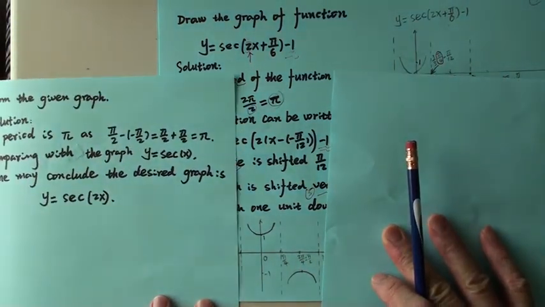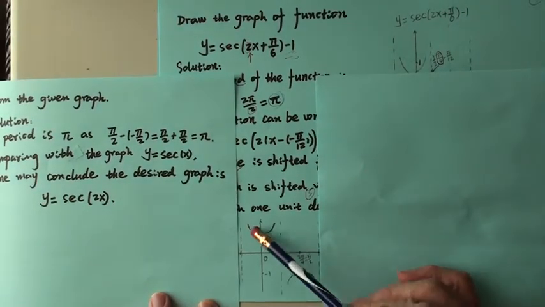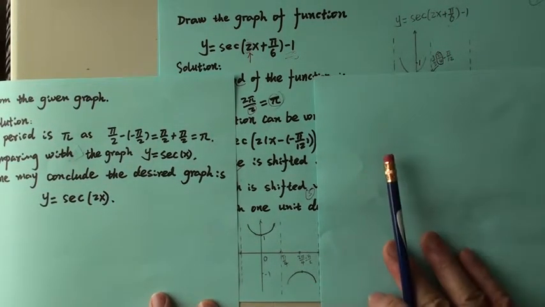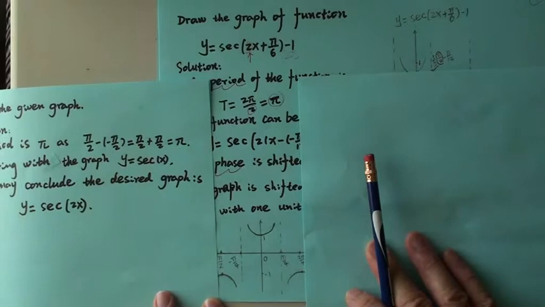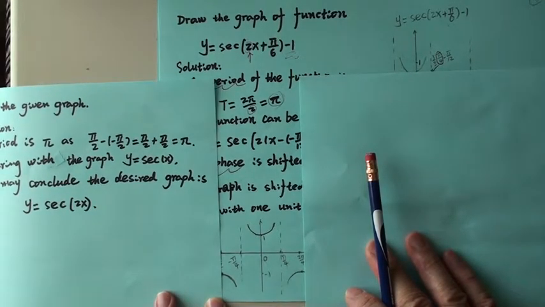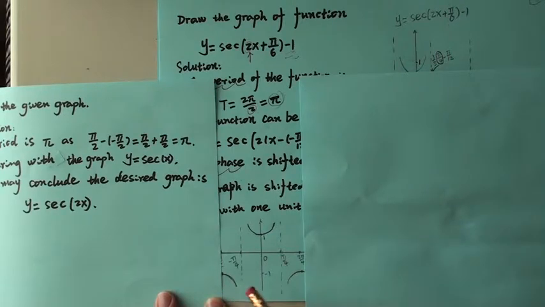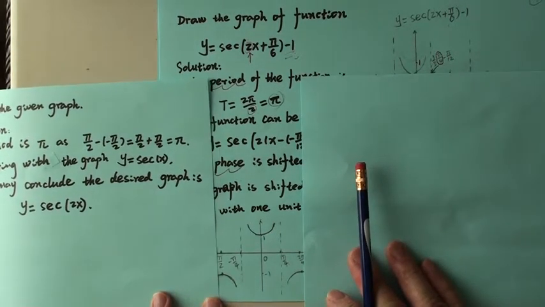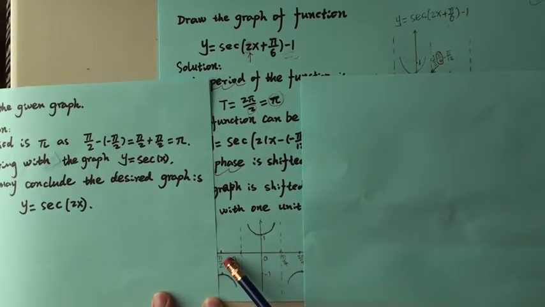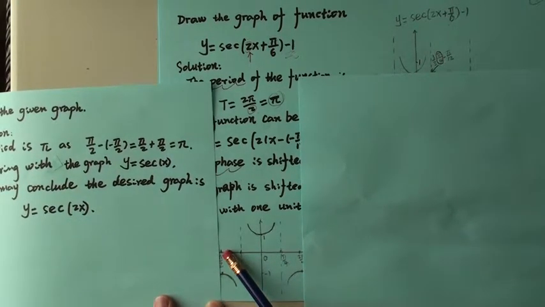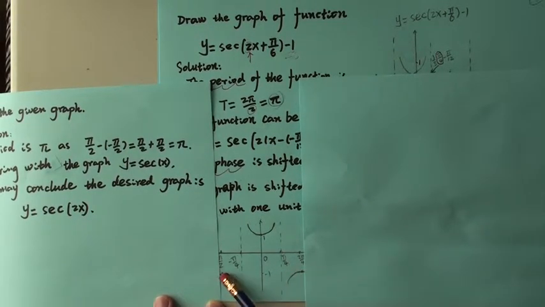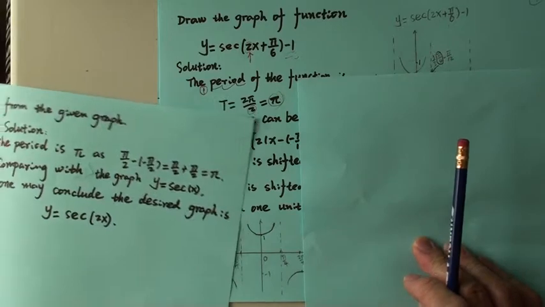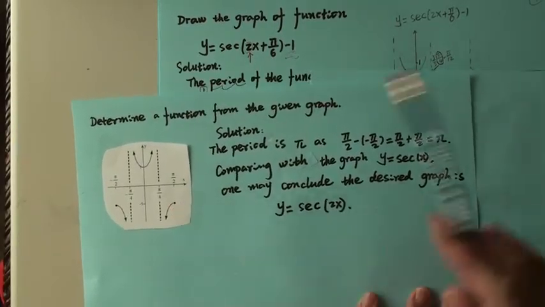Now, if you look at the picture in this way, you have one branch up, one branch down. But if you look at it in this way, you should have half a branch right here. It is also one period, from negative pi over 2 to positive pi over 2. So this is half a branch down and half a branch down, exactly like the one right here.